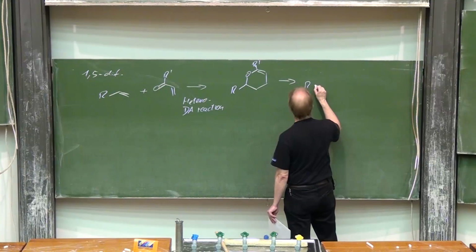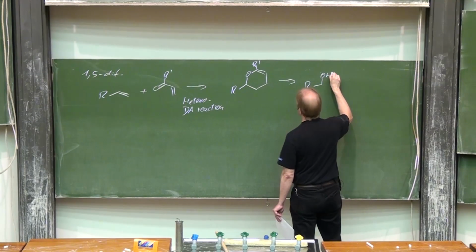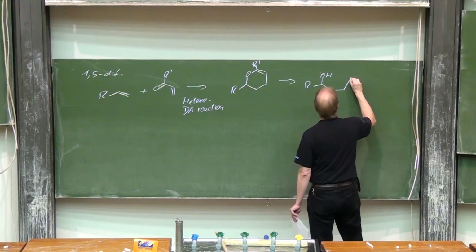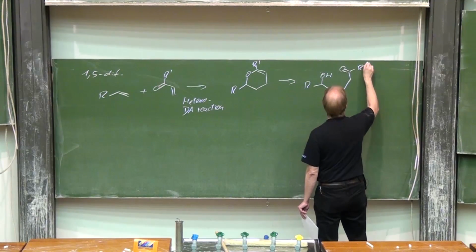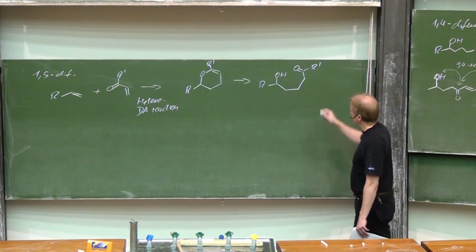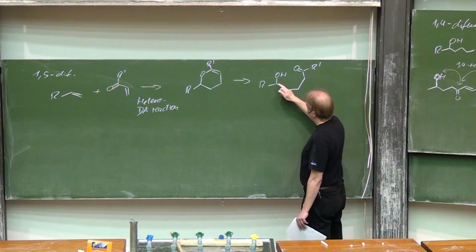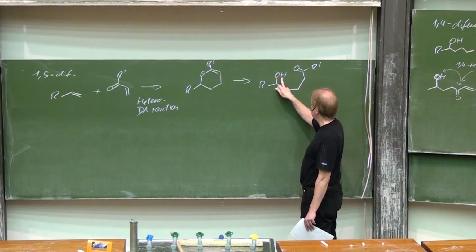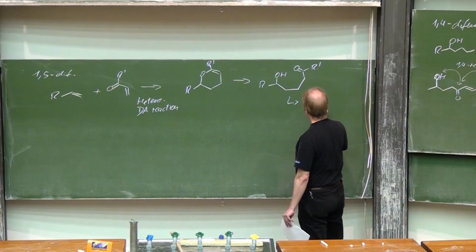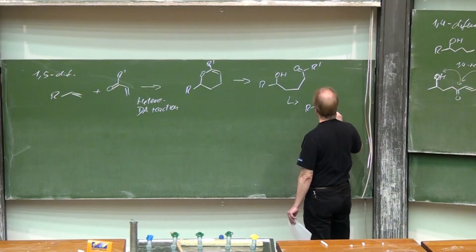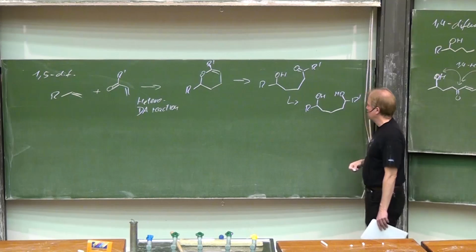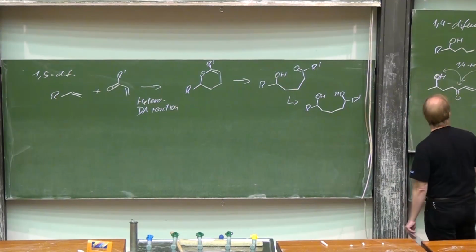Hydrolyze that enol ether, and you will get to that carbonyl compound with the OH group in delta position. So a 1,5 relationship, and you can of course also get to 1,5 diols simply by reduction.